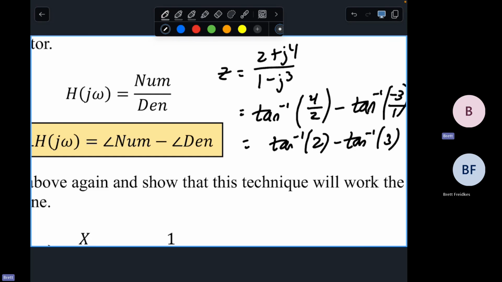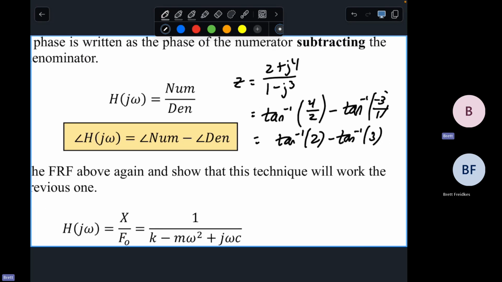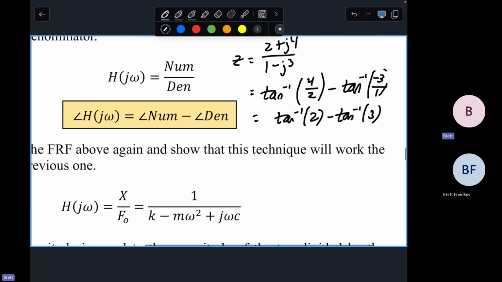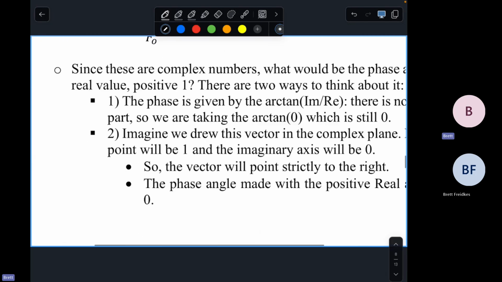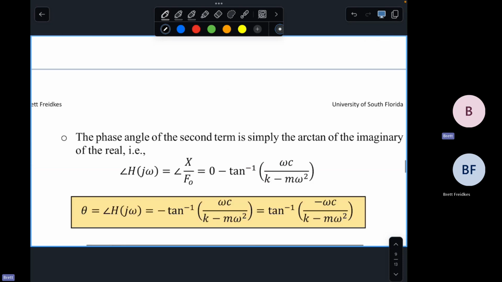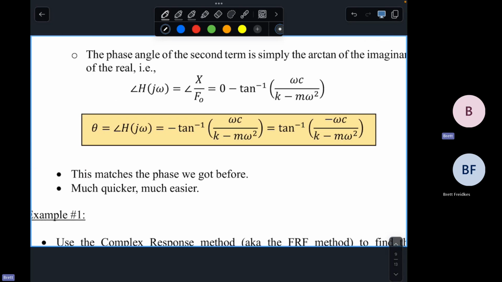Again, that goes back to high school, maybe middle school for the extra smart people. So it should be in radians. Don't worry about it. You don't have a calculator in your exam. So that's how you do that. If you go through that stuff, you end up getting the answer for the magnitude and the phase.